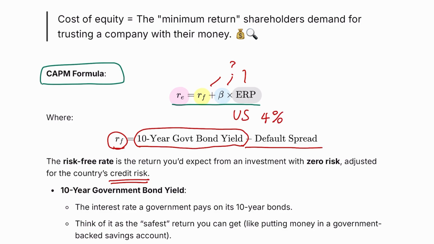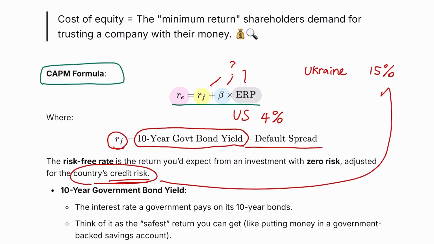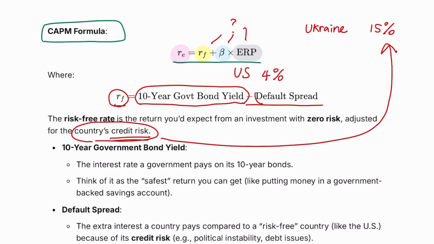If we consider a relatively turbulent country like Ukraine right now, for example, if the 10-year government bond yield is 15%, we have to take the country's credit risk into consideration. So this default spread is actually the extra interest a country pays compared to a risk-free country.